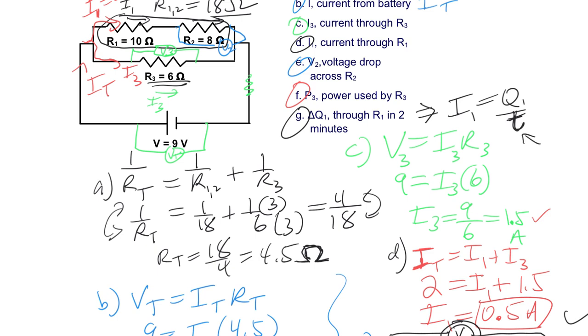The time is 2 minutes, but you have to use seconds because time in an equation needs to be seconds. So 2 times 60, because there's 60 seconds in a minute, is 120 seconds. I1, we already found to be 0.5 amps down here in letter D.